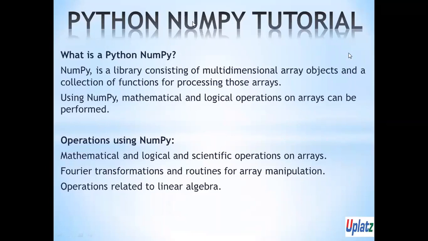So why use NumPy? What's the importance of NumPy? You must understand that in Python we have lists that serve the purpose of arrays, but they are quite slow compared to NumPy. I will also show you examples of how to measure the speed difference between lists and NumPy.